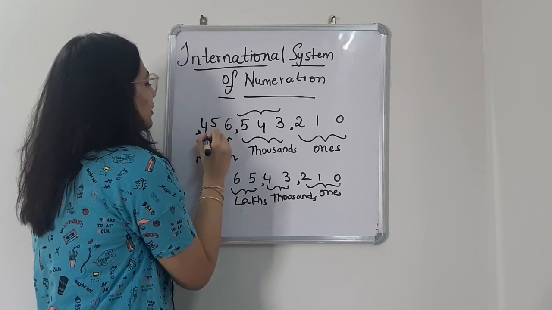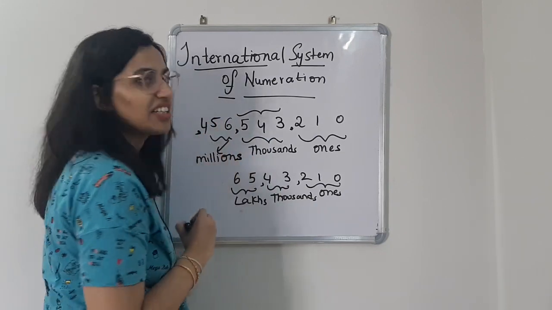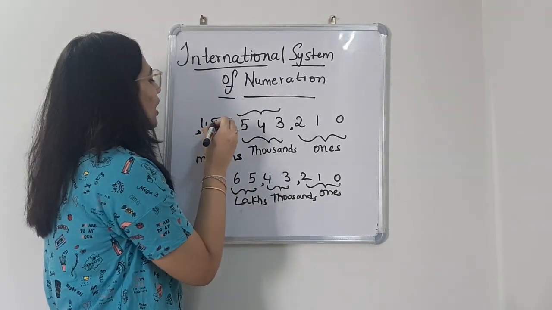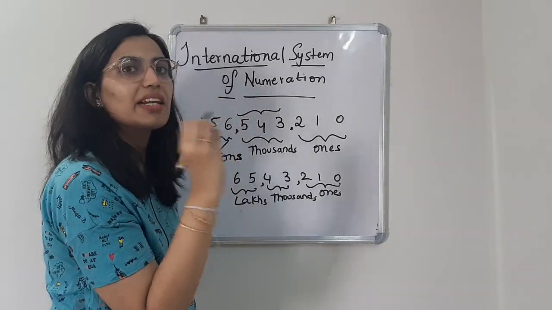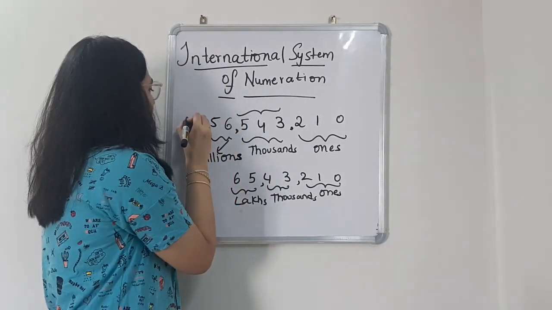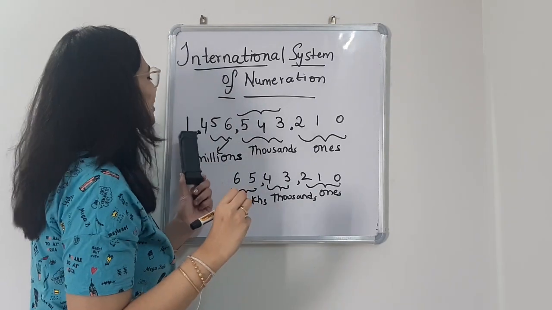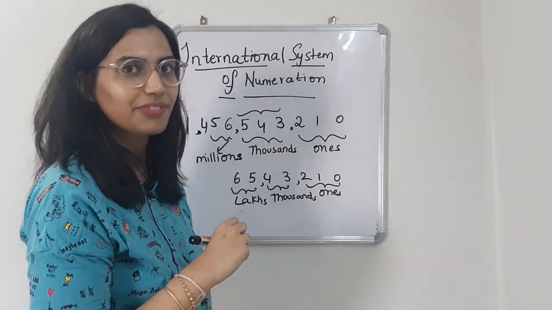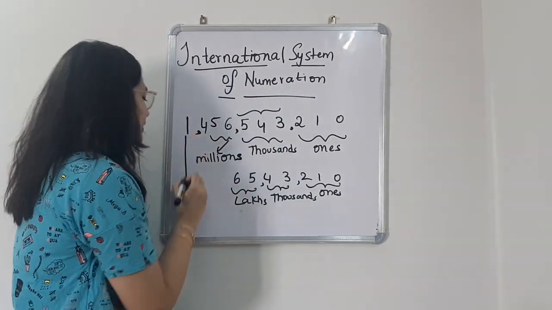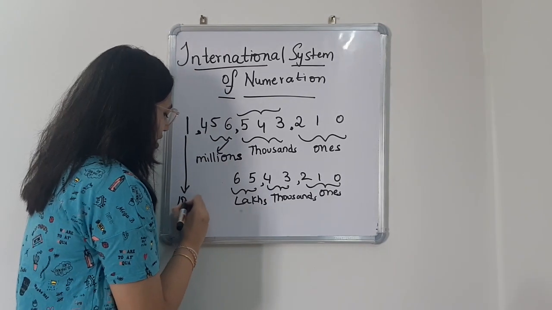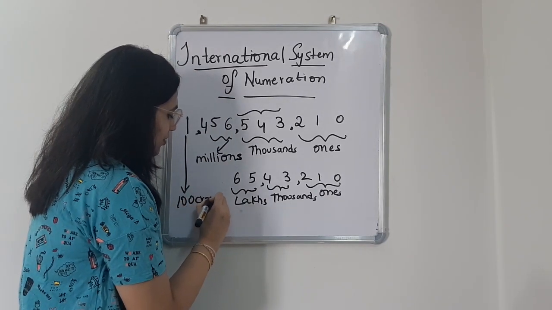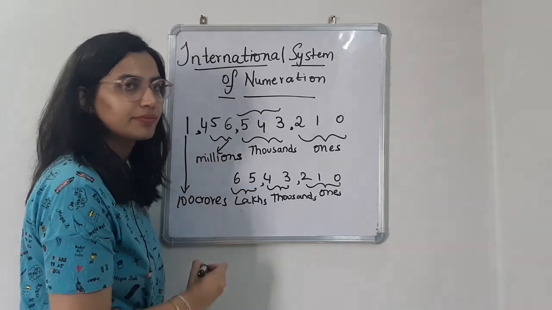Now if there is any number before this or any digits, then again we'll group these three together and again we call them the millions group, where this will be 456 million. Okay? And if we place another 1 here, this is nothing but billion. Right? And 1 billion is equal to 100 crores in India.